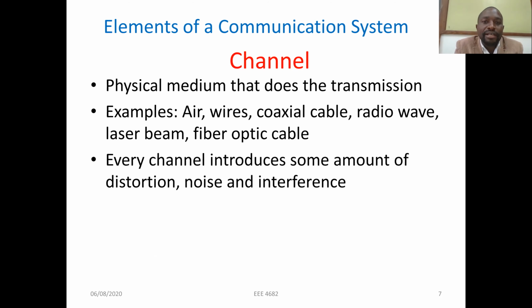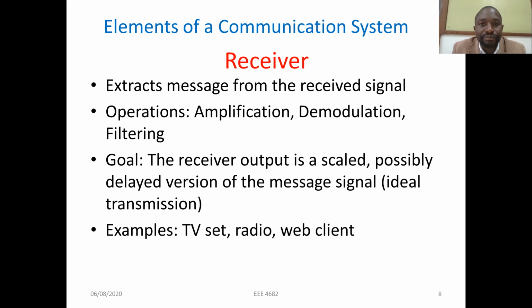It could be the air, wires, coaxial cable, radio waves, laser beam, fiber optical cable. All these may be used as channels for moving information from the source to the destination. Every channel introduces some amount of distortion or noise and interference, and that's why later on in lecture number 2, we'll discuss noise and interference as it pertains to communication systems.